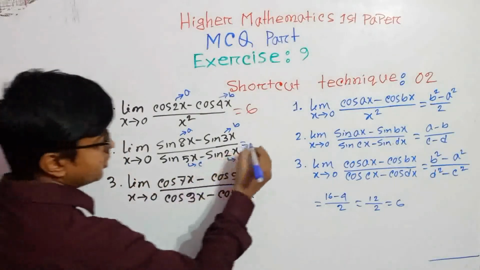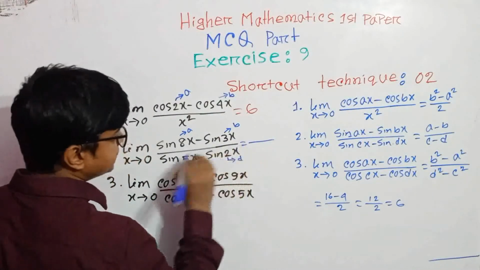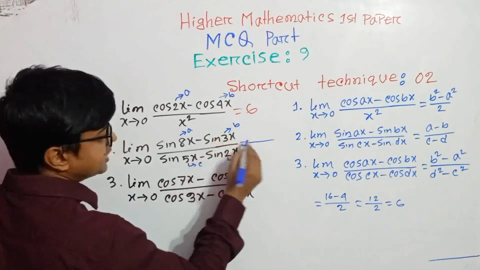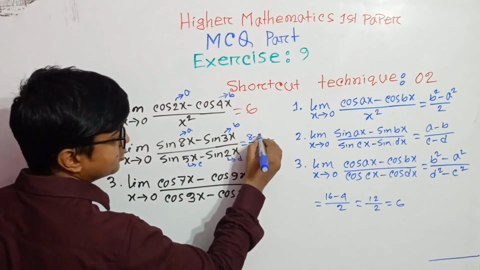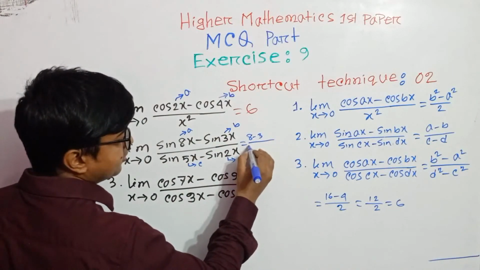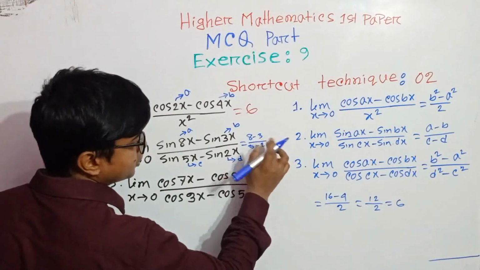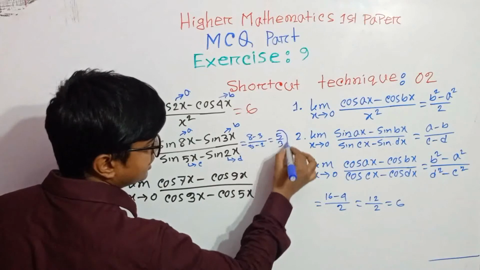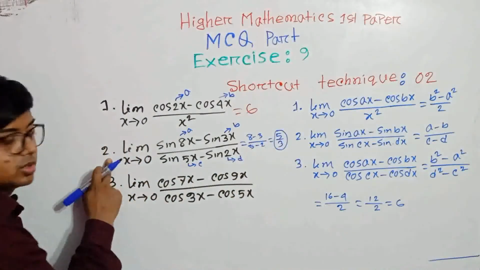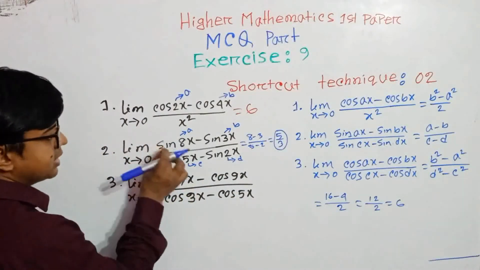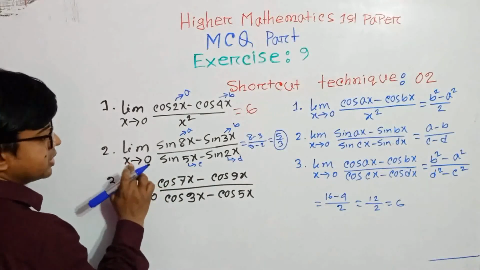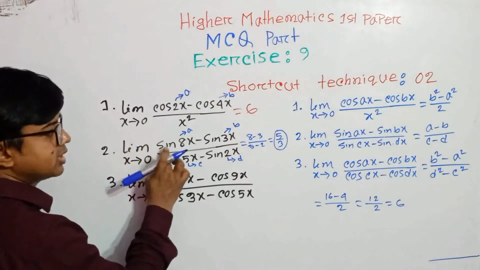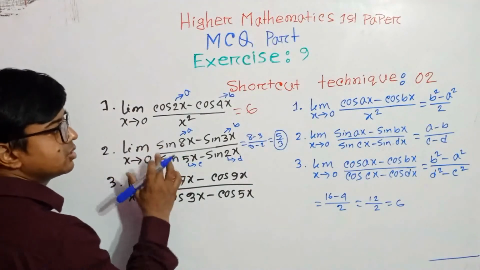So we can apply this formula, a minus b, that means 8 minus 3 by 5 minus 2. So our answer is 5 by 3. This is the answer of question number 2. But one thing is important, here x tends to 0 and the operator must be sin, then we will apply this formula.